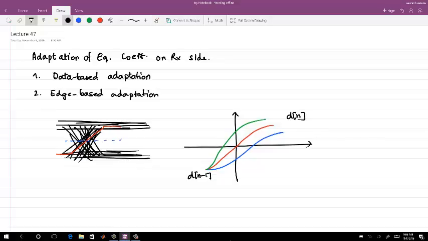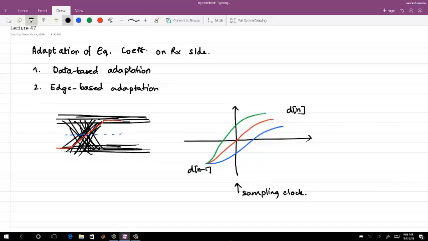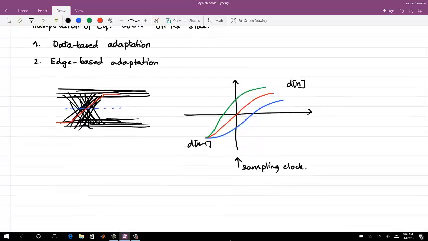This is just for the transition. If I am sampling and my sampling clock is still the same, this edge, this 0, is my sampling clock. Right now I am not changing that. If I sample a larger value, that means the error is positive. If I sample a lower value, that means the error is negative.